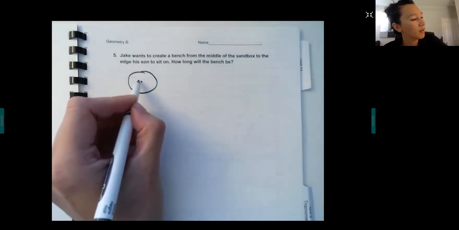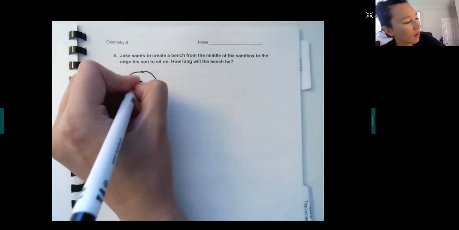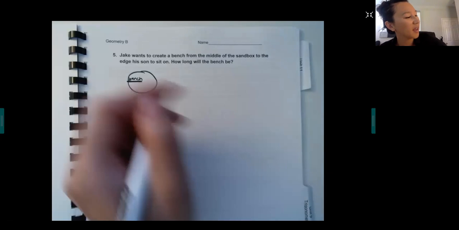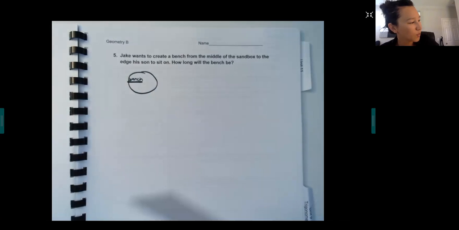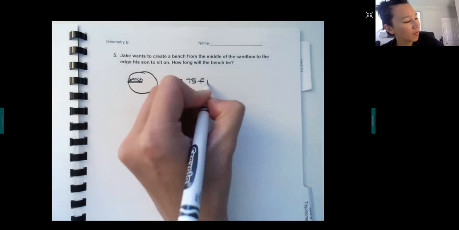So from the middle to the edge. So how long's his bench gonna be? Yep, Jade, you got it. Exactly, yep, the radius, which we calculated for number 3, which is 3.75 feet. Perfect.